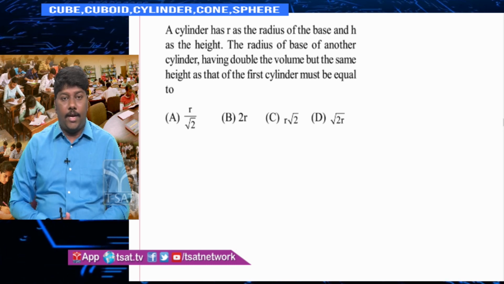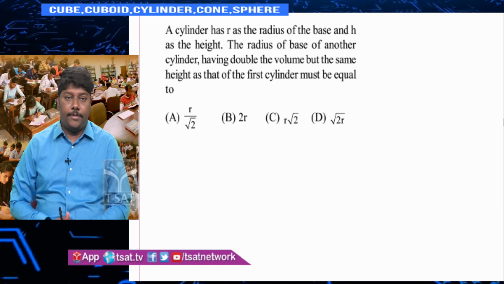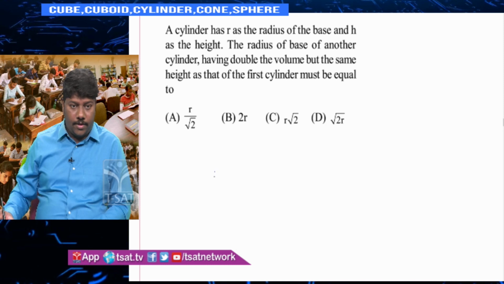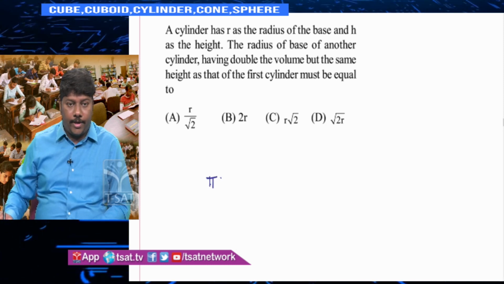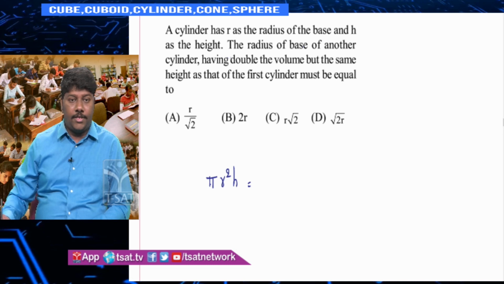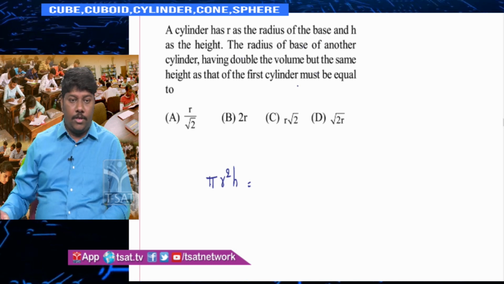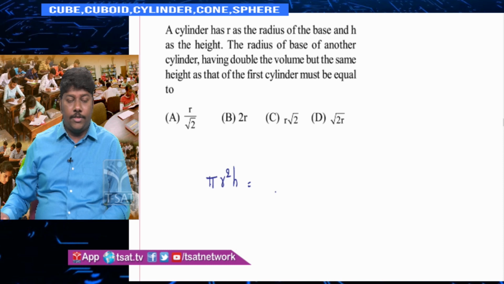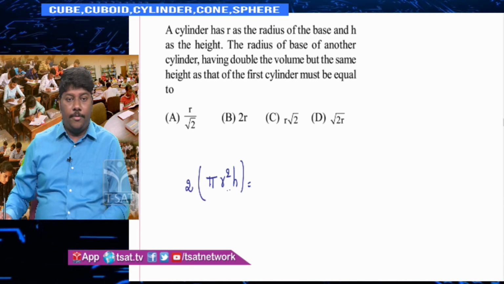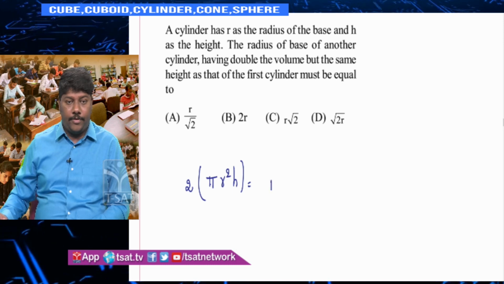The volume is pi r square h. Now the volume of the second one is 2 times the volume of the first. Double the volume of the first one is equal to the volume of the second one.